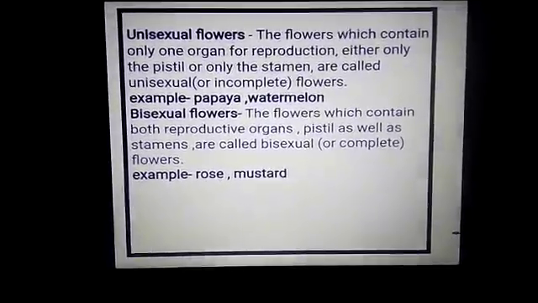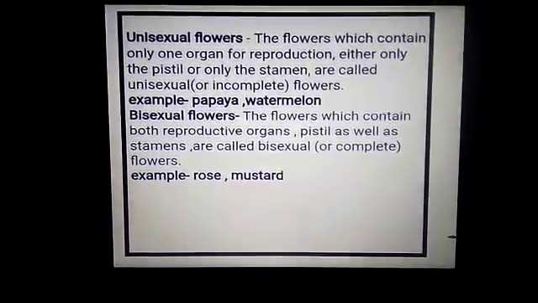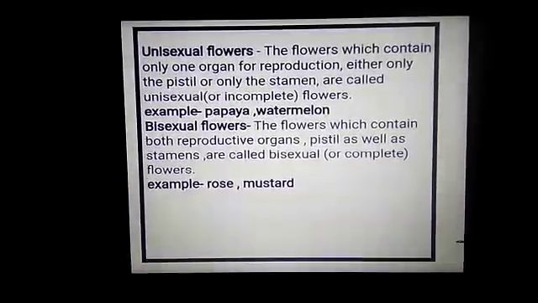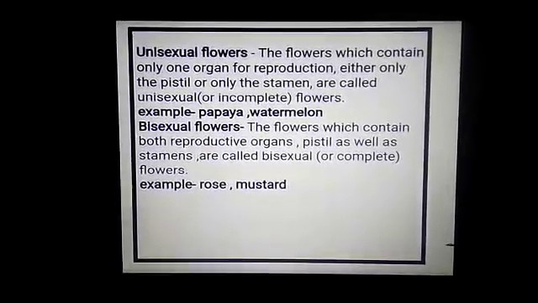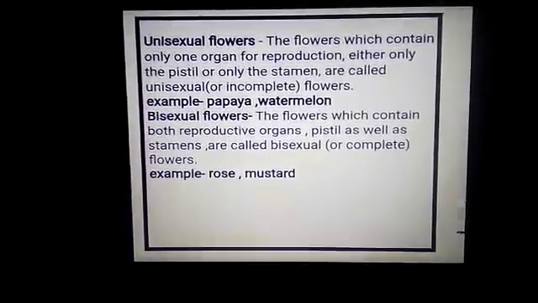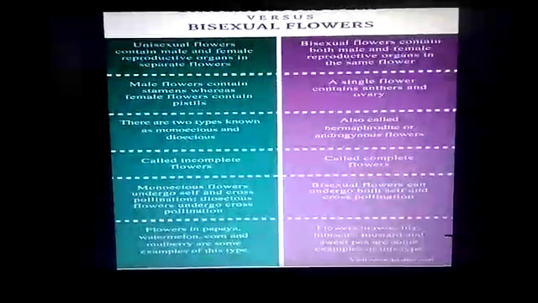See, unisexual flowers, which contain only one organ of reproduction, either only the pistil or only the stamen, are called unisexual or incomplete. Bisexual flowers, which contain both reproductive organs, pistil as well as stamen, are called bisexual or complete flowers. Examples are rose and mustard.